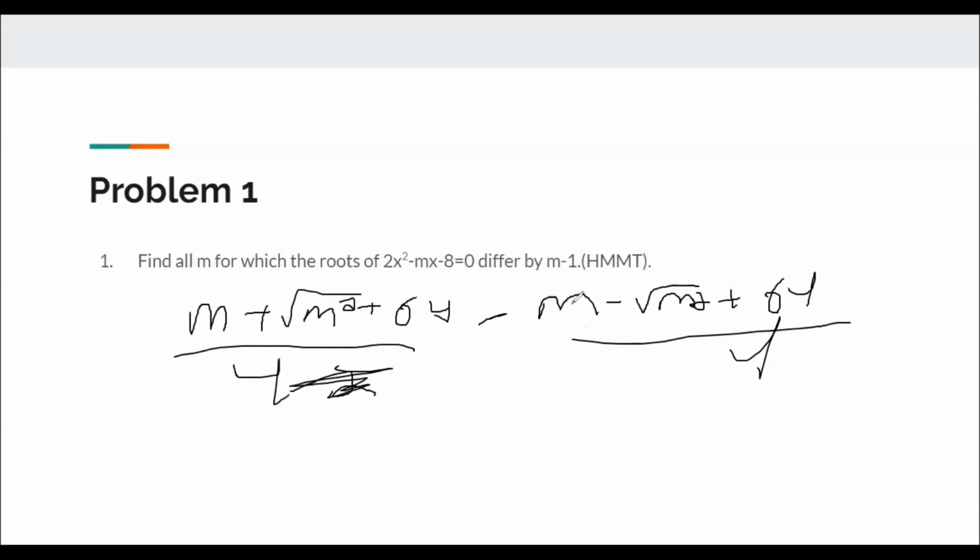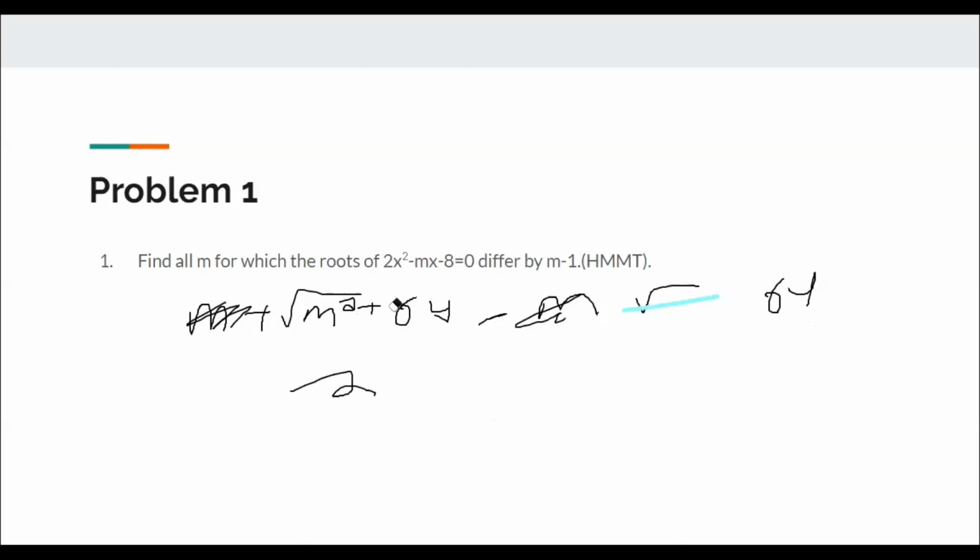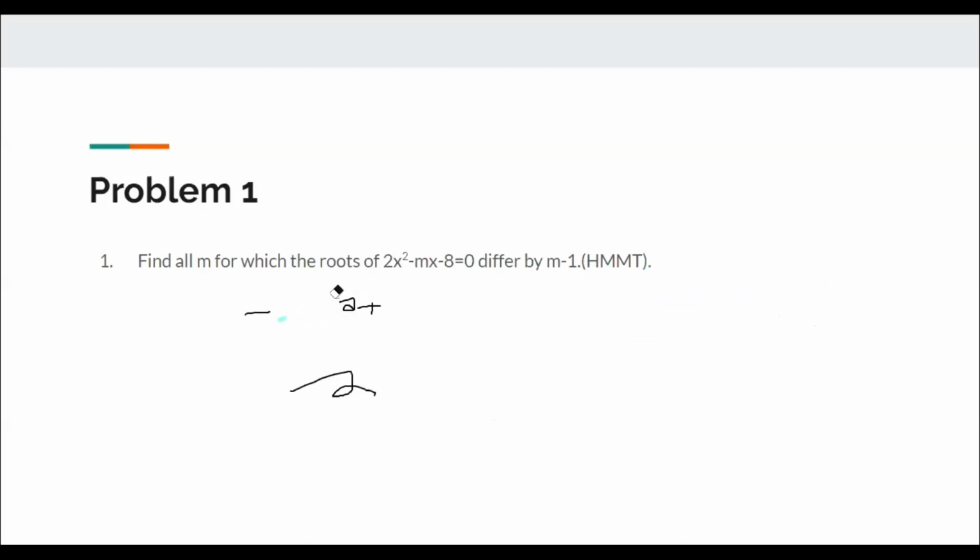If you take their difference, the m cancels out, and this becomes 2 times the square root of m squared plus 64 over 4. So it's just going to be the square root of m squared plus 64, all over 2. That's the difference of our two roots.